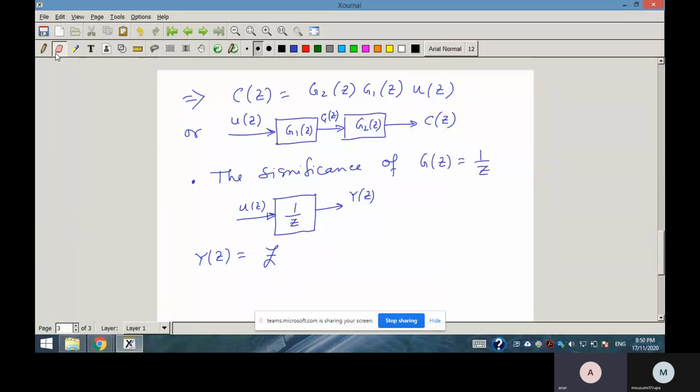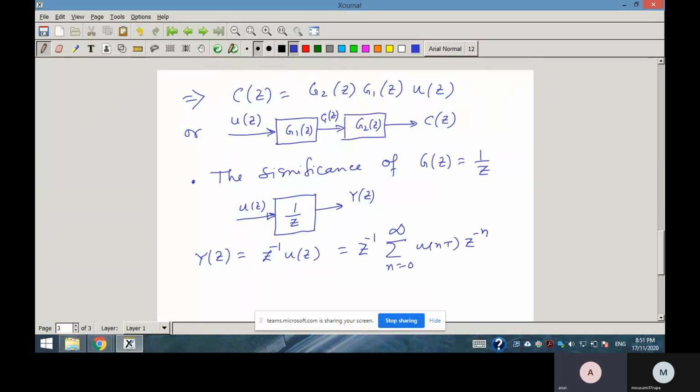Sorry, it's not capital Z, small z. Yz is z inverse into uz. So this is equal to z inverse of uz, which is the summation of n equal to 0 to infinity u of nT into z to the power minus n.